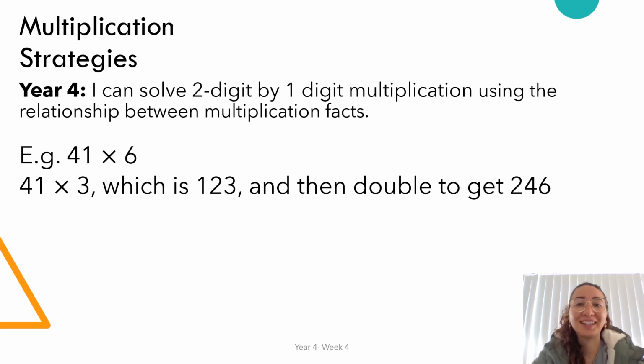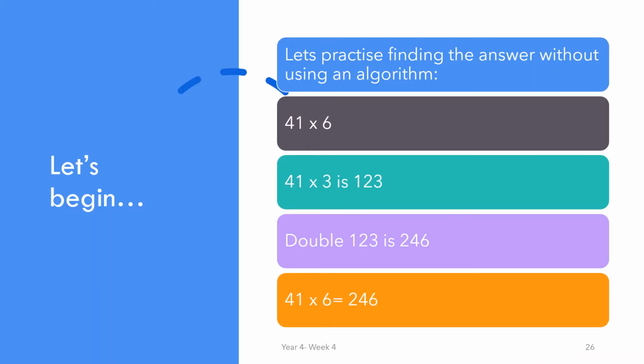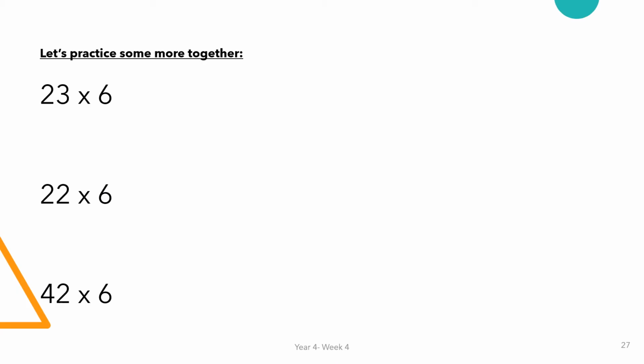And we're not using our algorithms. Okay, now we're going to practice the strategy of using our number relationships and knowing that we can multiply by 3 and then double the answer to have the multiplication of 6 together.